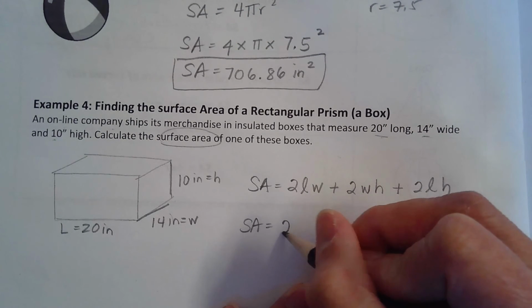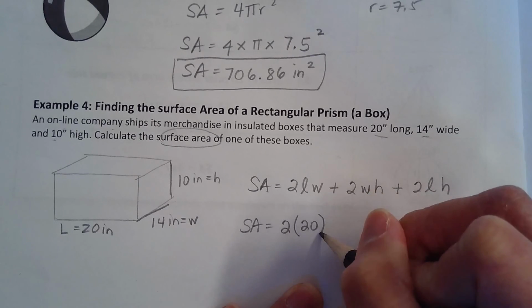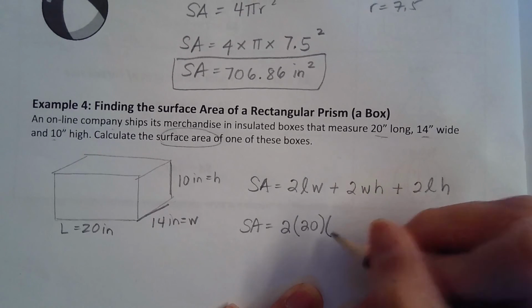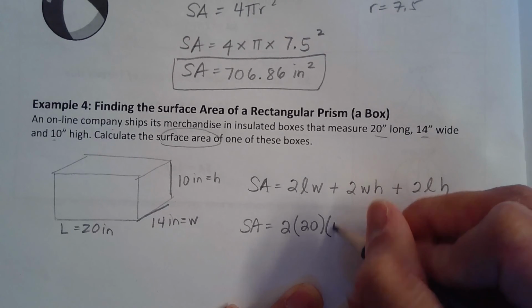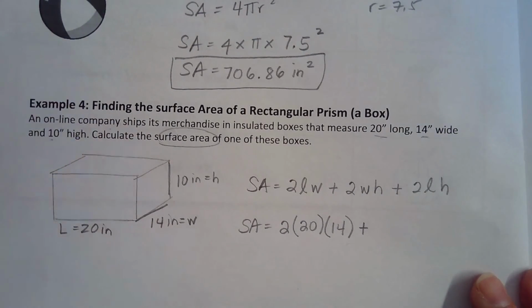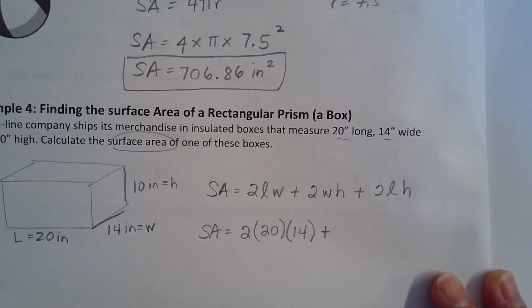So 2 times length, which is 20, times width, which is 14, plus. Do you like the brackets or do you like the X for multiplication?